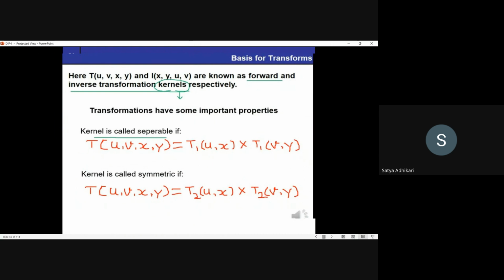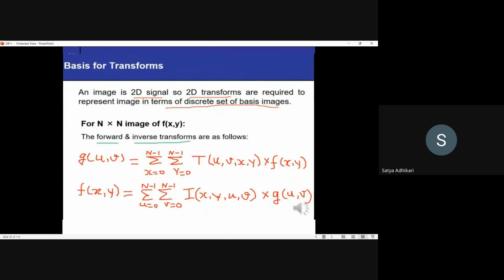So transformation has some important properties. You see, a kernel is called separable if we use, in forward transformation, T(u,v,x,y) equal to T1(u,x) times T2(v,y). That is, u is applied with x and v is applied with y, because in the previous slide you see it is u,v,x,y.